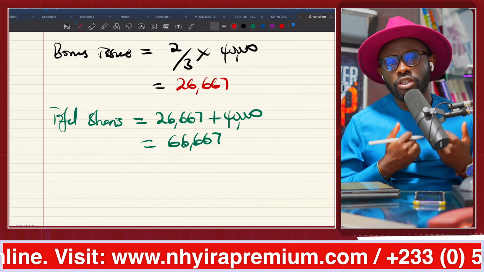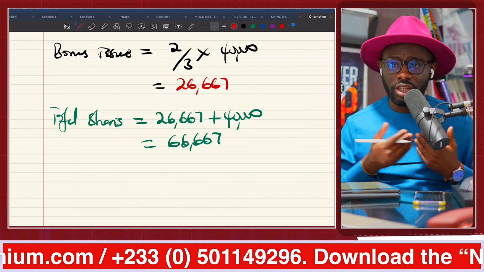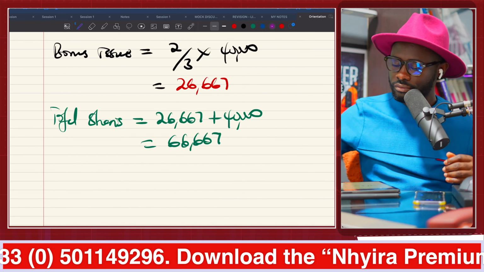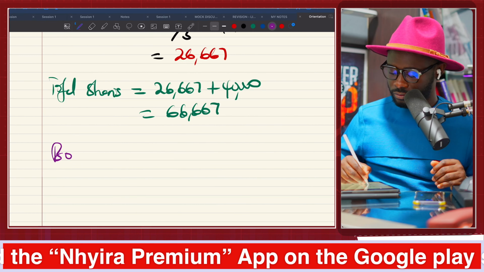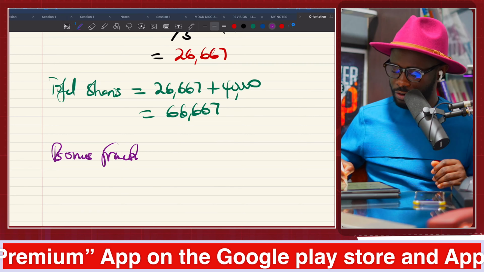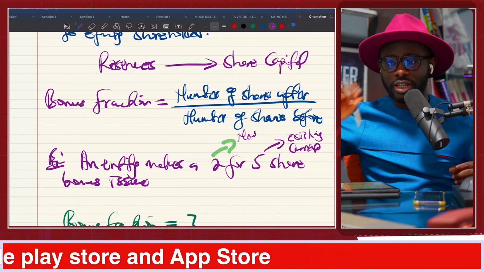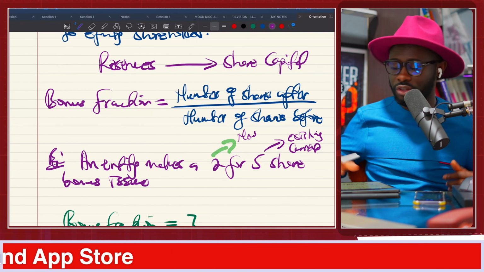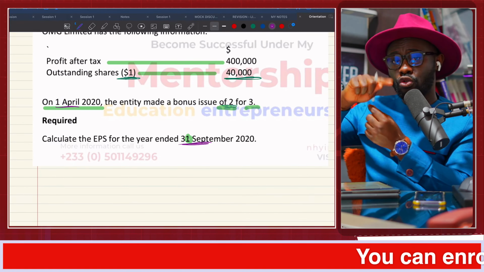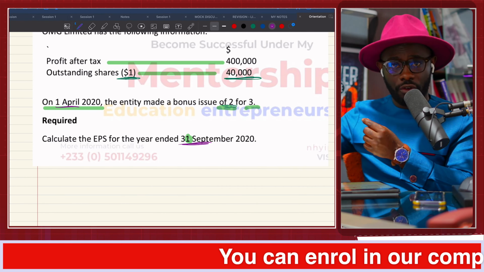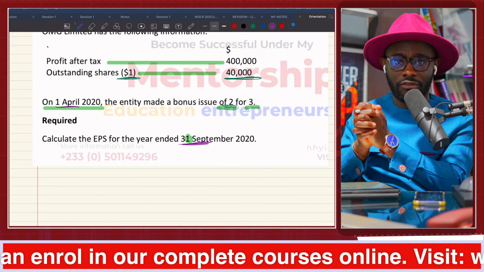Now, because it's a bonus issue, before we can calculate the weighted average number of equity shares, we need to calculate the bonus fraction. If you remember, we said the bonus fraction is the number of shares after the issue divided by the number of shares before the issue. Since the bonus issue was 2 for 3, that means after the issue you now have 5.